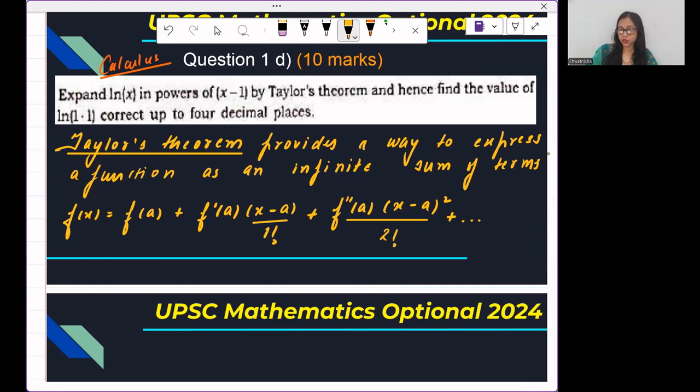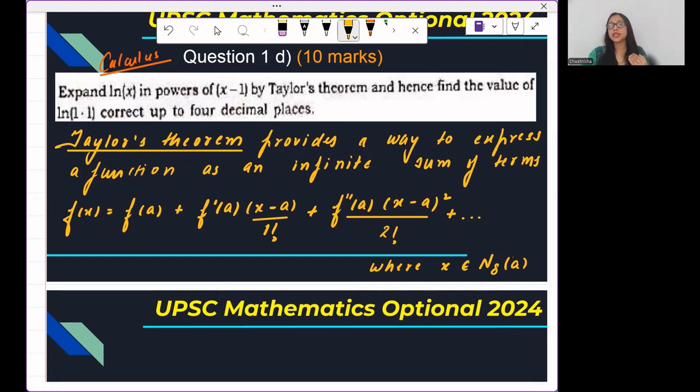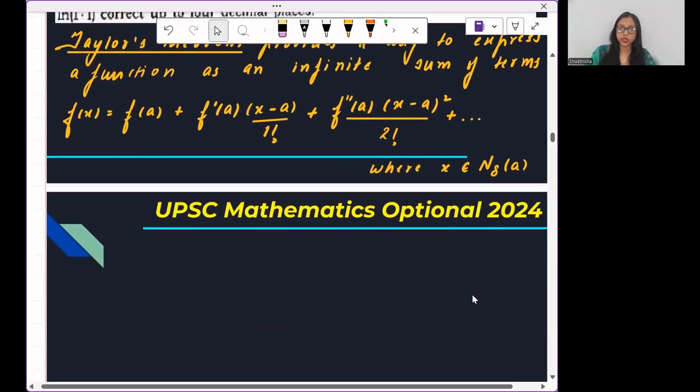Now the x that we have defined is expressed in a neighborhood of a, where x belongs to some neighborhood of a with delta radius, let's say. So in a small neighborhood of a, I can express my function as an approximation by a polynomial. This is a polynomial, right?